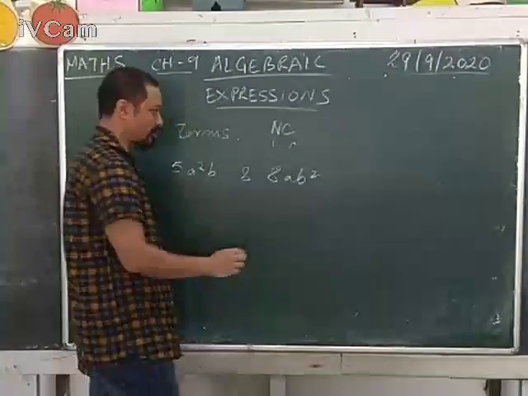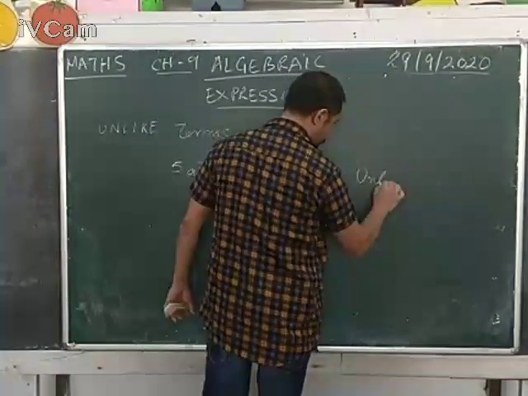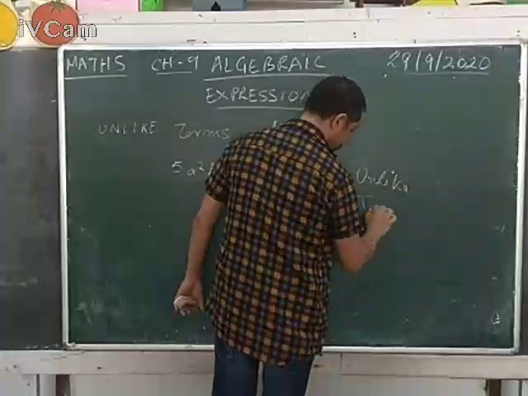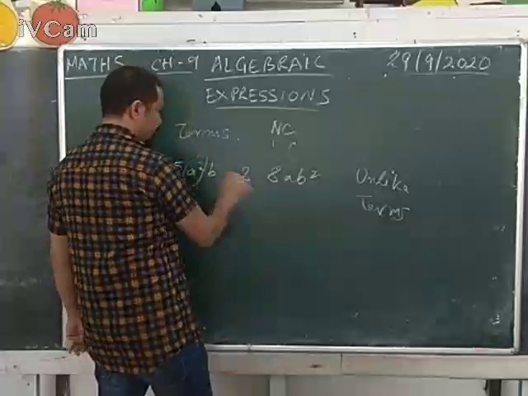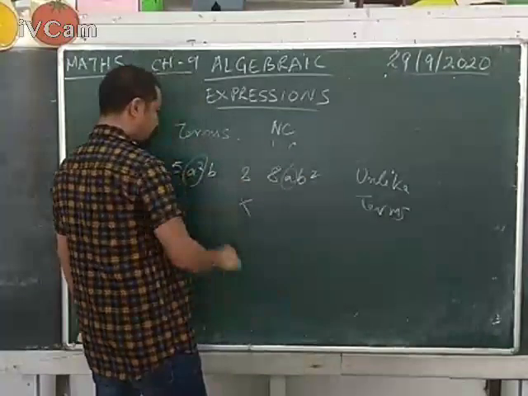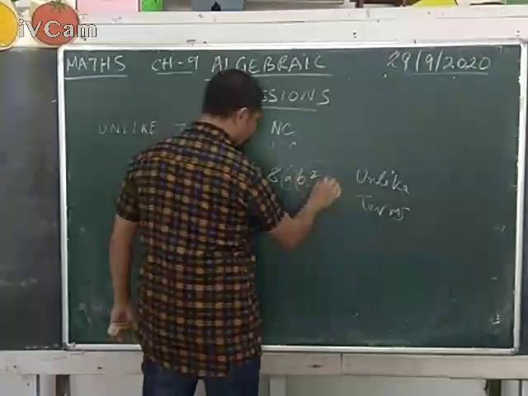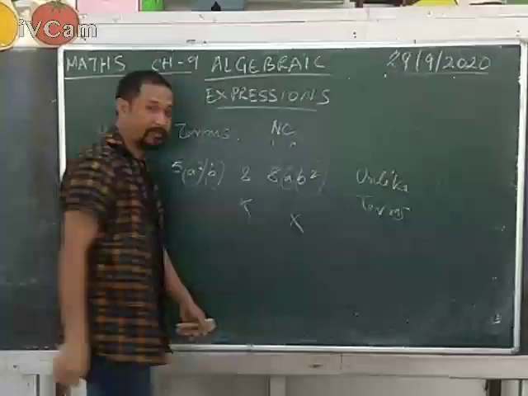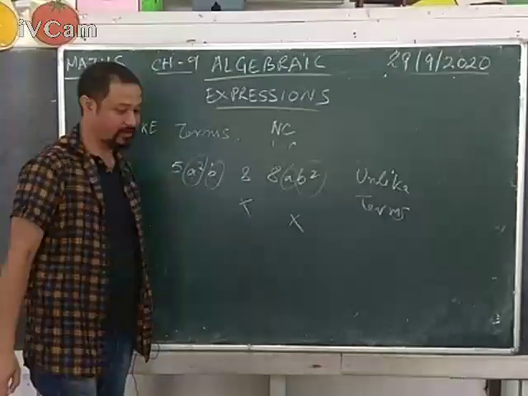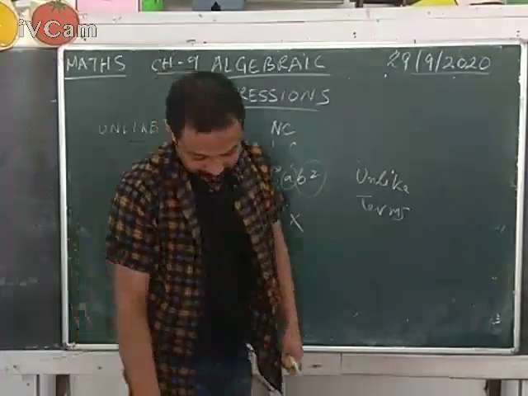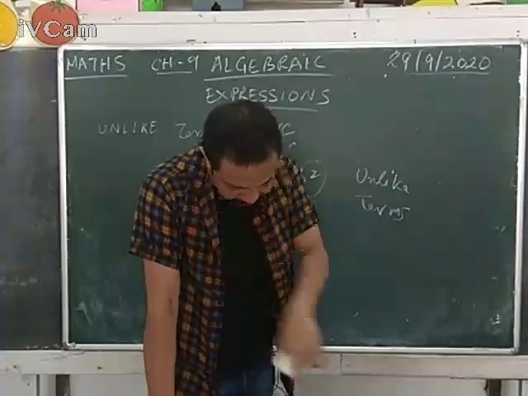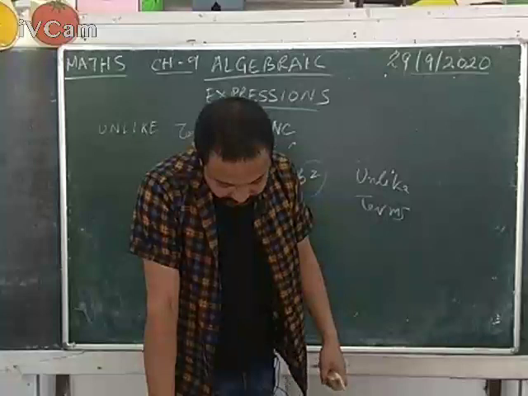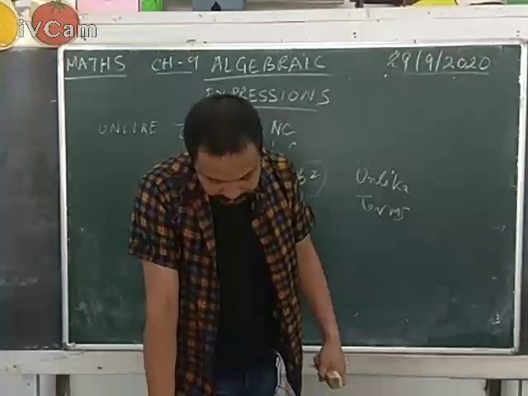But they are unlike terms, both of them. Why? A square and A are not the same. B and B square, as I've already told you in the previous example of m and m square, are not the same. So the literal factors are a square b and ab square respectively, and they have difference. Therefore, the above examples represent unlike terms.